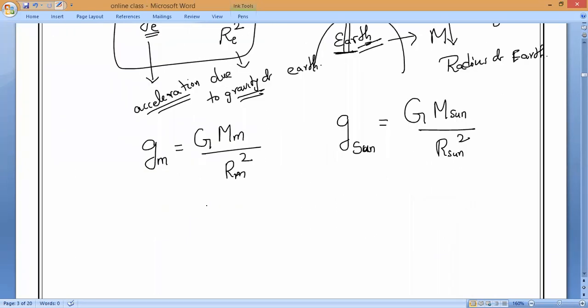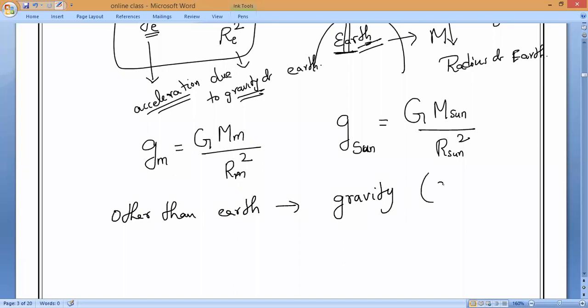Now, the main thing: for Earth alone we say gravity. G means gravity. As we are living on the Earth, g means Earth. We can use the word gravity only for the gravitational force of Earth. All of you should remember.